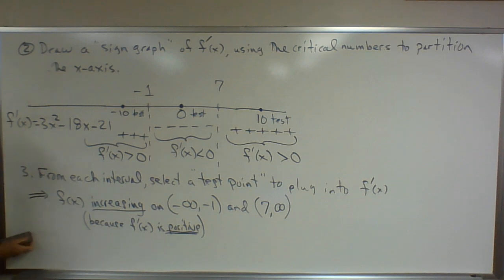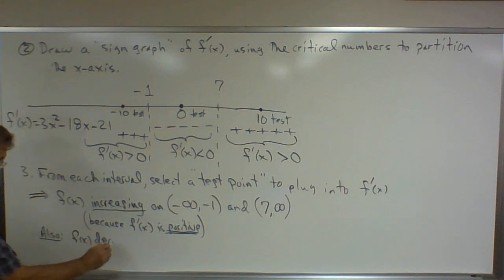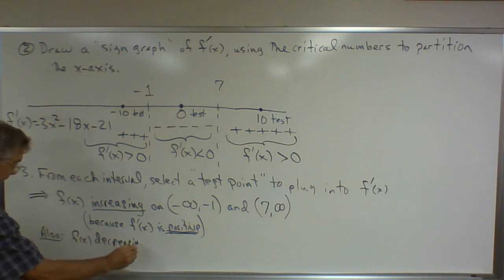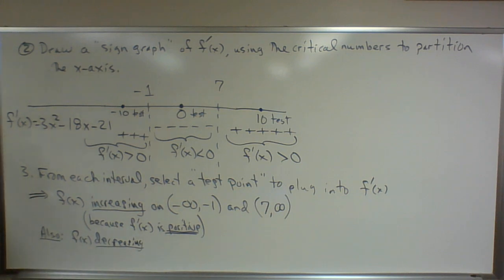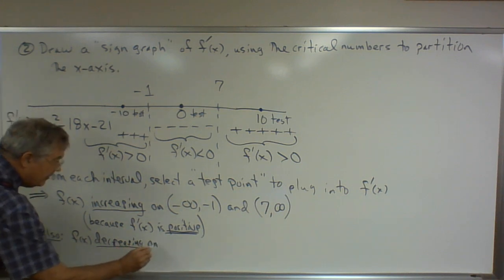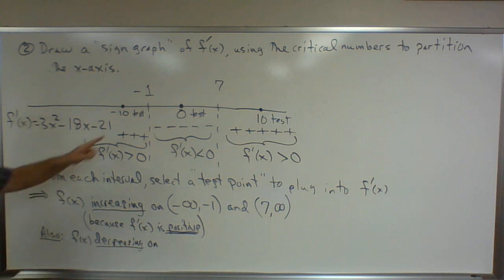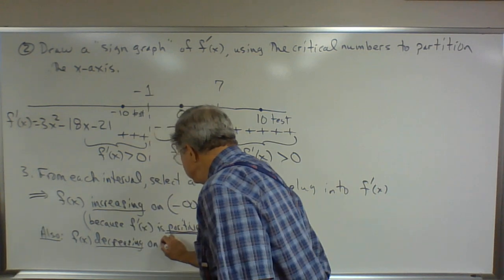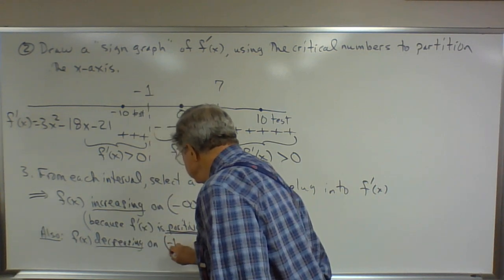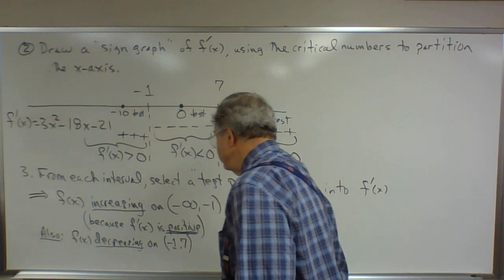And I guess here, instead of using my arrow, I'll just say also f of x is decreasing, let's say from negative 1 to 7 on the x-axis, the derivative is negative, so that's where f of x is decreasing. F of x is decreasing on the interval from negative 1 to 7.